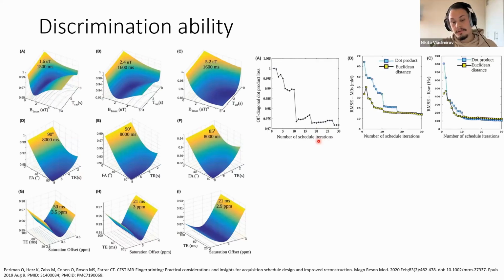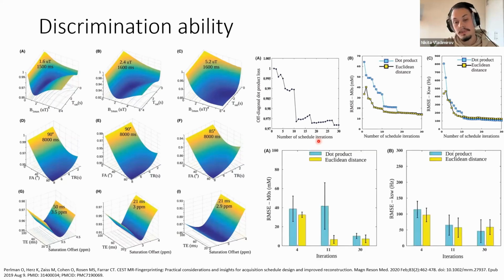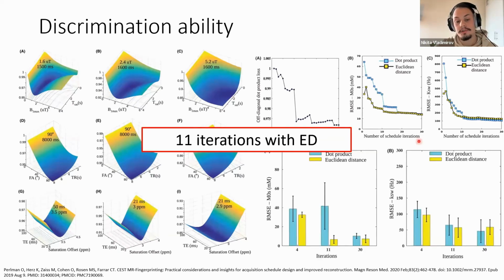In this research, they tried to decrease the length of the sequence and found out that 11 iterations is something that can be done without a lot of harm. And the most relevant metric was Euclidean distance.